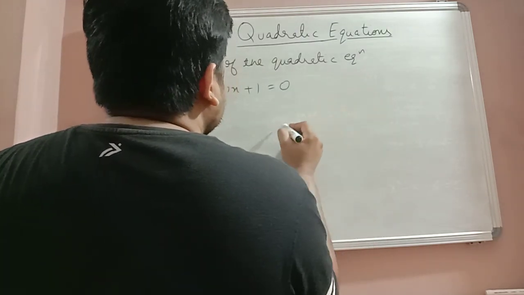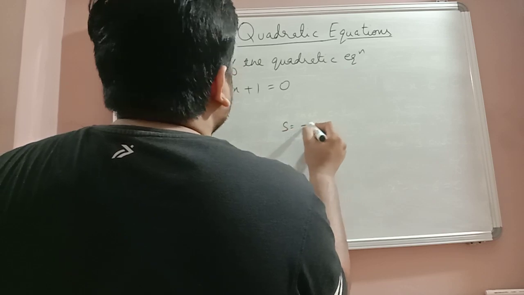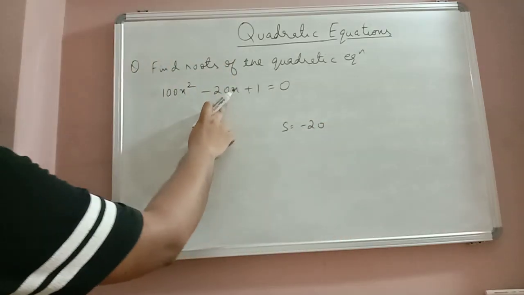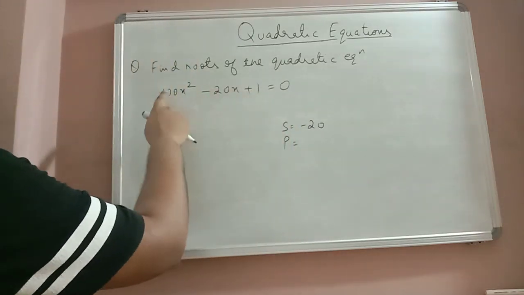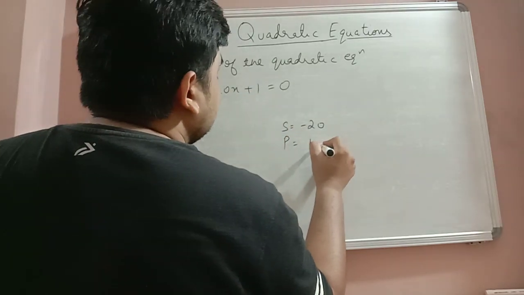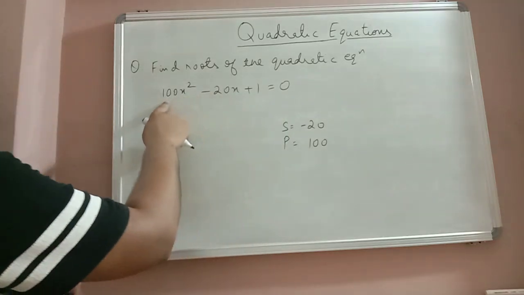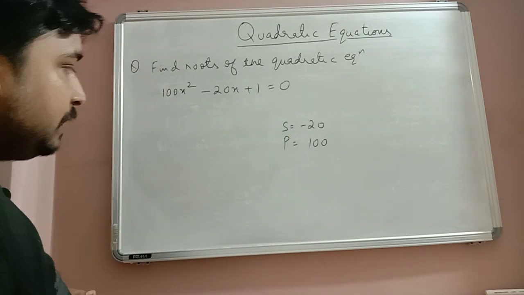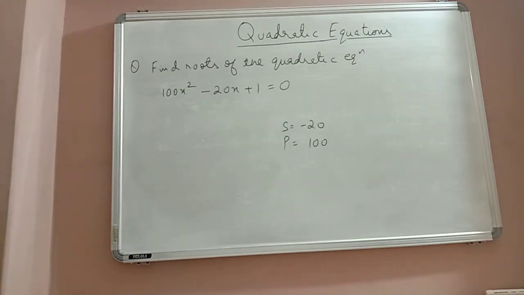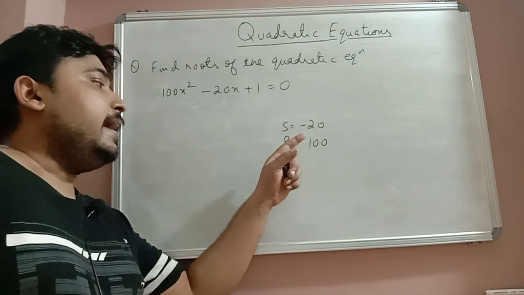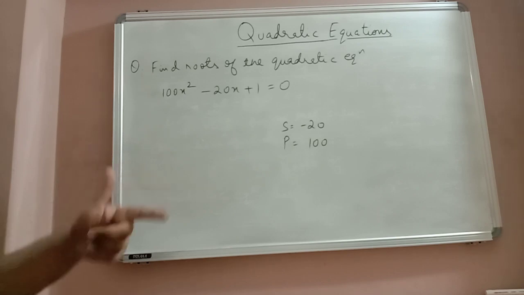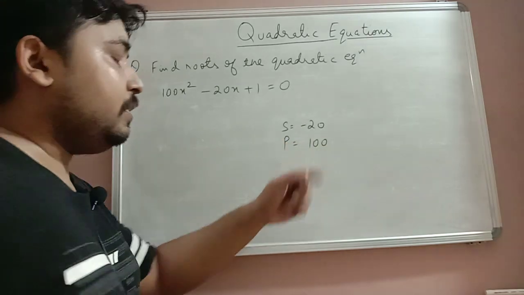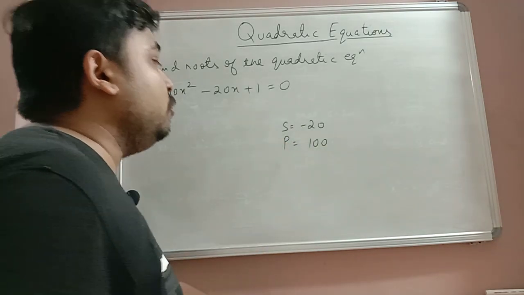The sum is minus 20, the coefficient of x, and the product is 1 into 100, that is 100, the constant term into coefficient of x square. Now we need to think of two numbers whose sum is minus 20 and whose product is 100. So let's try to factorize 100 in order to get those two numbers.